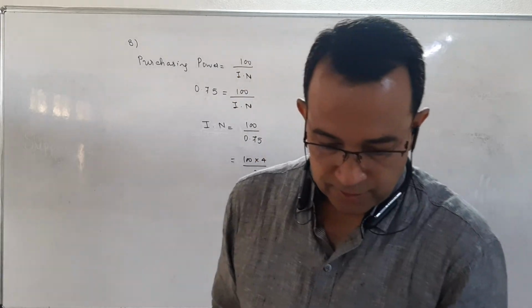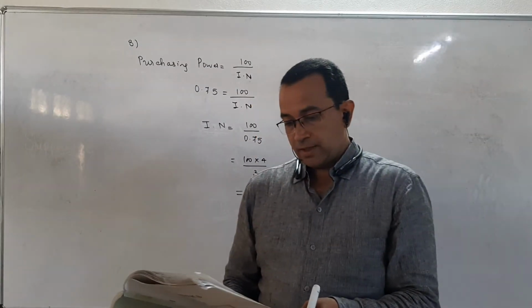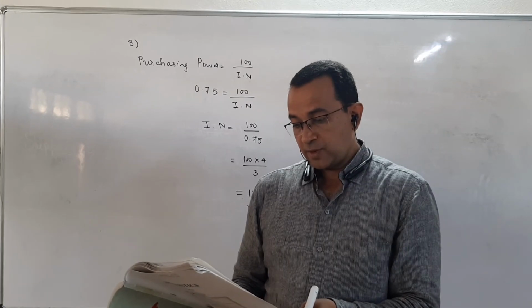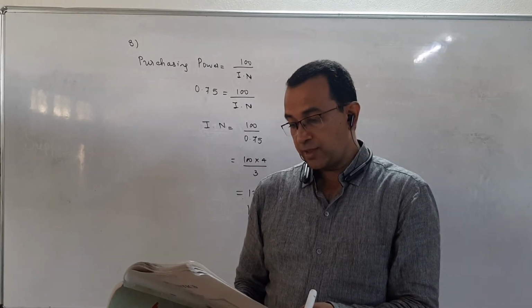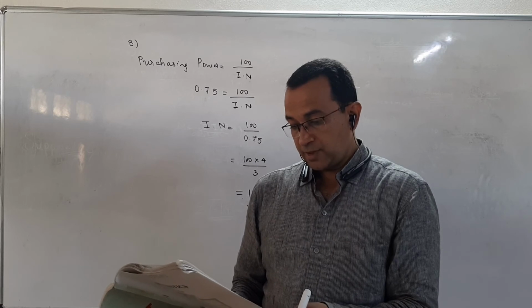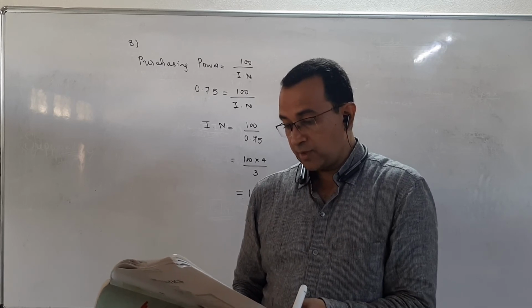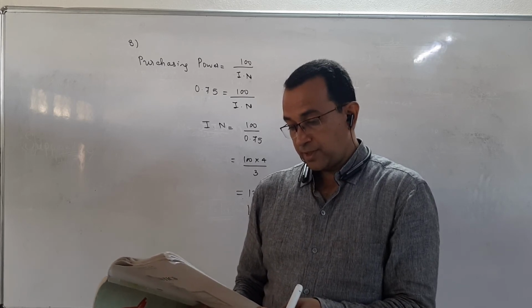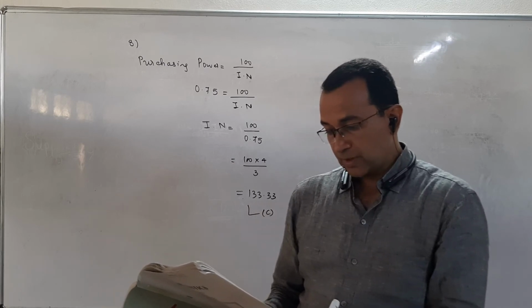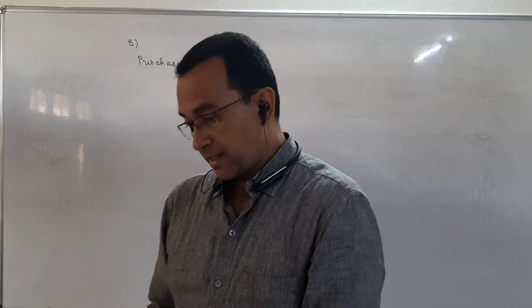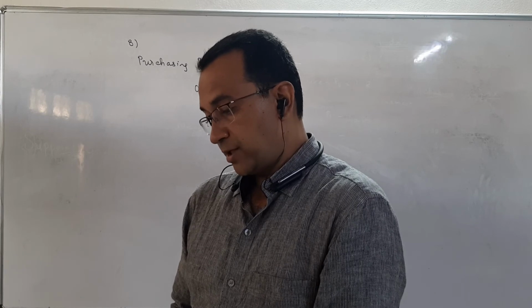Ninth question, students. If the cost of living index number of a particular class is 200 for the year 16 with respect to 15, which of the following statements is true? The cost of living index number is 200.